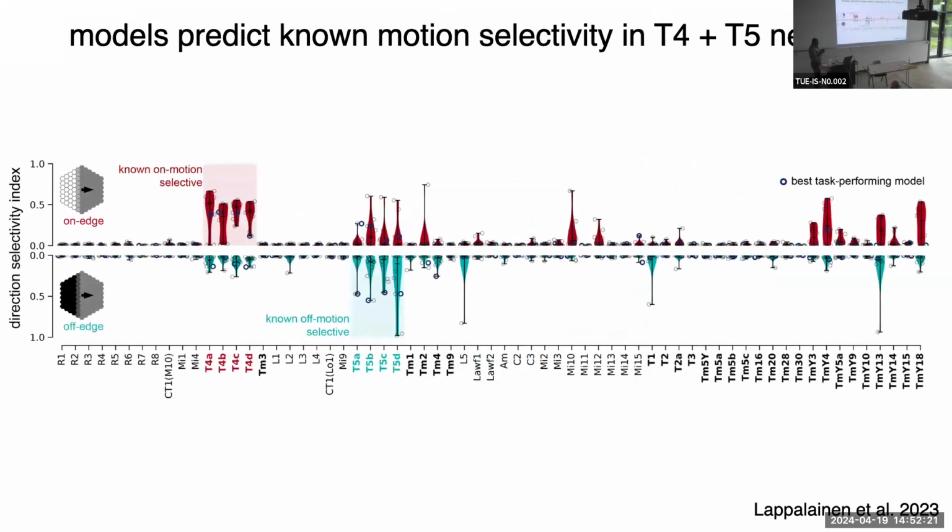In fact, you can look at the direction selectivity index for on edges, bright edges, and dark edges across this population of 64 cell types and ask, what does our model say? What does it predict across all these cell types? And we correctly predict that T4 neurons are motion selective, but its inputs are not. And similarly, T5 neurons are motion selective, and its inputs are not.